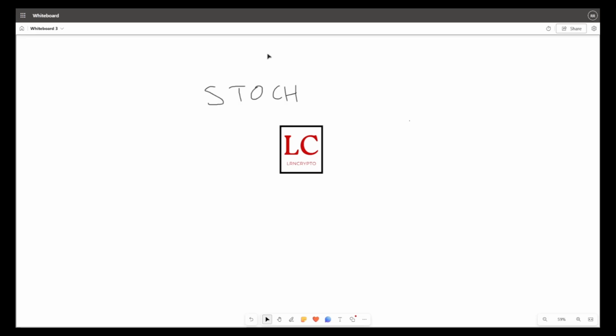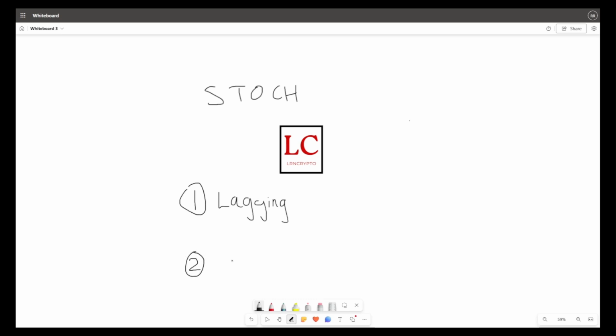So before we even get started, we need to find out first what really is the stochastic RSI. And it's important to note two things. Number one, it's a lagging indicator. So this means that it doesn't give you real-time market knowledge. It's a little bit lagging in it. And number two, this is a momentum indicator.